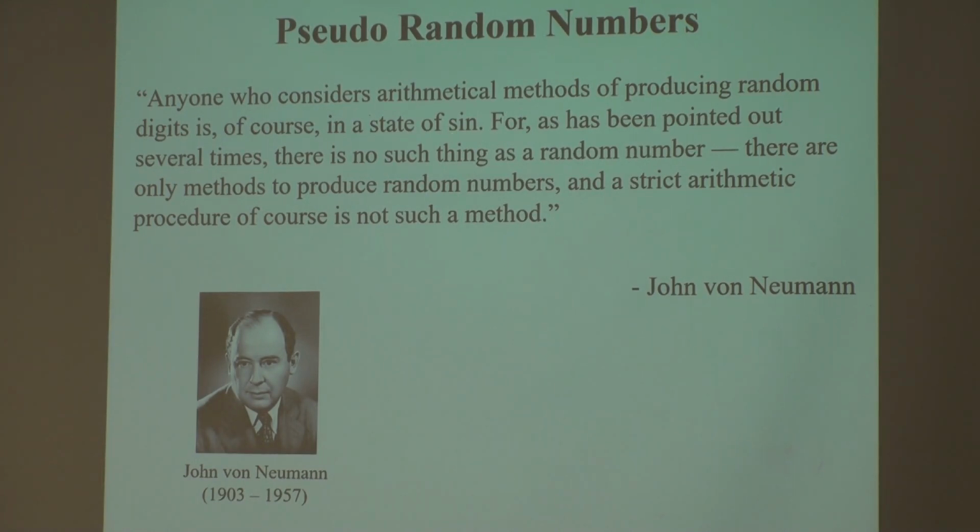You're kidding yourself. As long as you use computation to generate the sequence of random numbers, it's never truly random. It was very clear to John von Neumann, which may not be clear to us, but it's true.